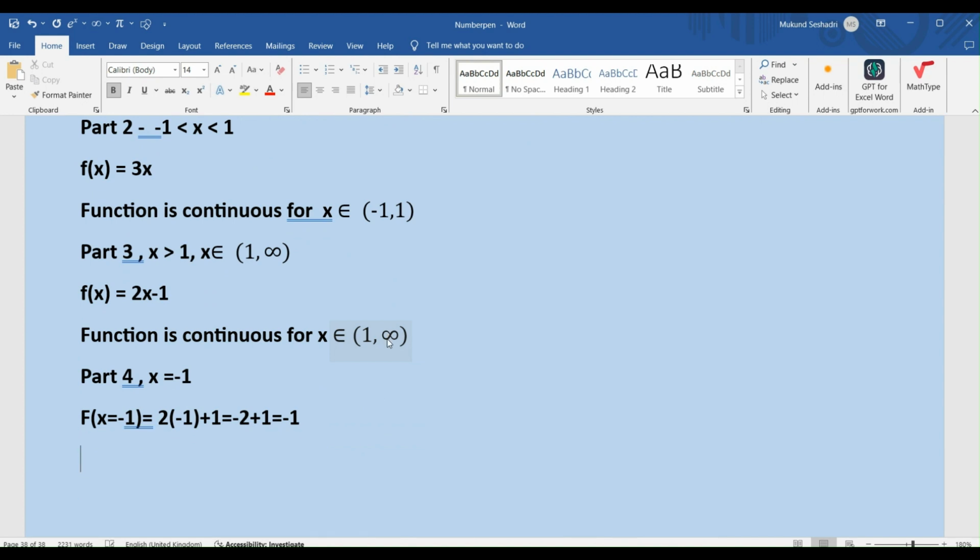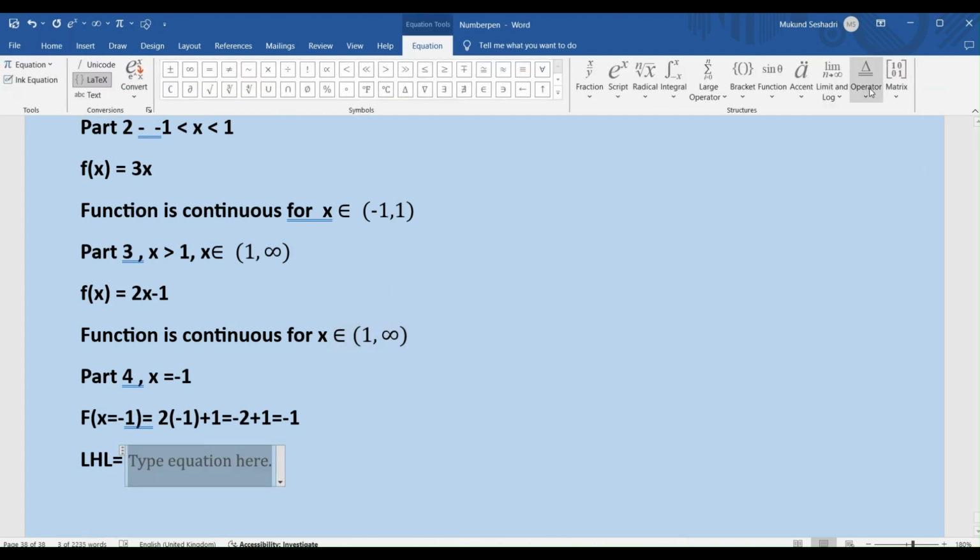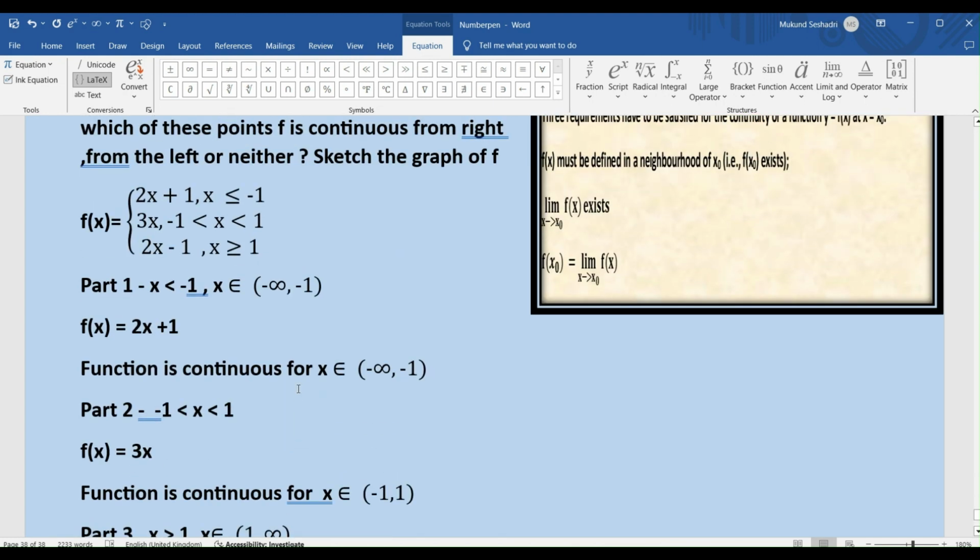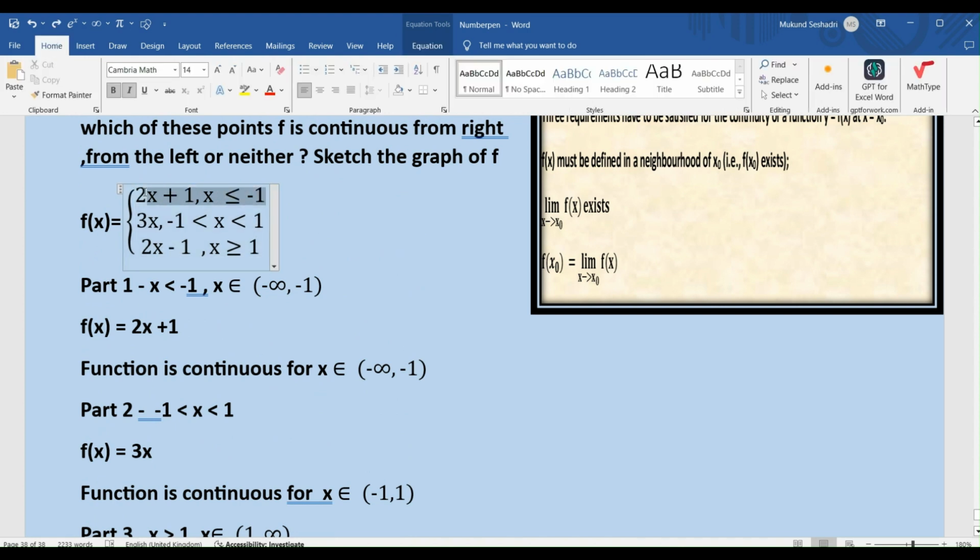And next we have our LHL. What is LHL? We're going to calculate our left hand limit. I'm going to call out my limit symbol here. What do we mean by LHL? My limit is x tending to minus 1, but approaching minus 1 from the left. When it is approaching minus 1 from the left, 2x plus 1 is still applicable.